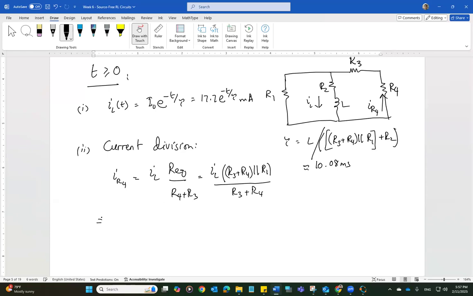That will be IR4. So IR4 is equal to R3 plus R4 parallel with R1 divided by R3 plus R4, and we can multiply that by 17.7 milli.